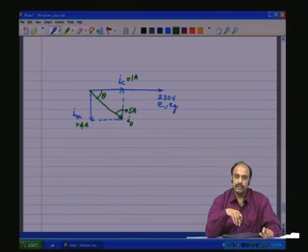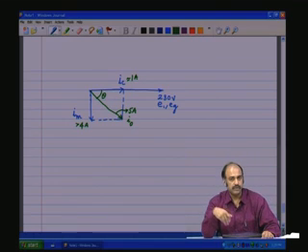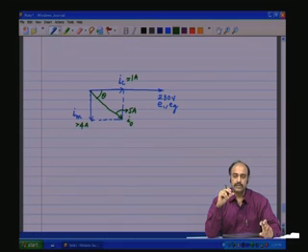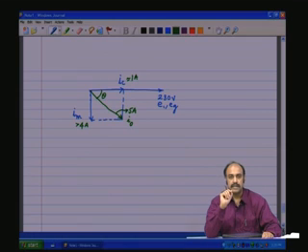Now, N1 I1 and N2 I2 will be opposing in nature, because on one side the power is entering the transformer, the other side the power is leaving the transformer, and because of this opposing nature, they cancel each other and there is an effective flux in the core.